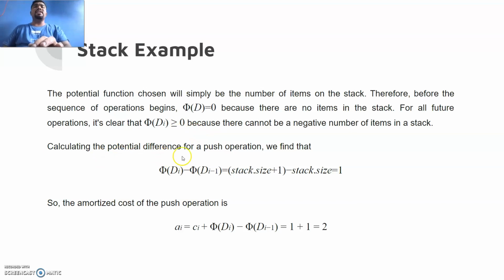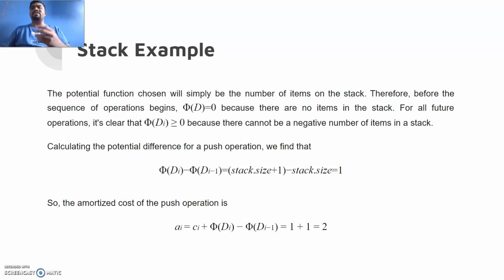Now, let's start calculating the potential function for the push operation. For the push operation, we have the basic cost, that is ci, which is charged 1, and we obviously add some extra potential. What is that potential? It is the difference between the current state and the previous state.